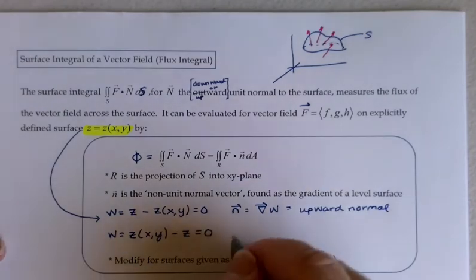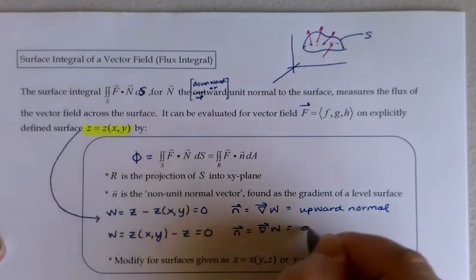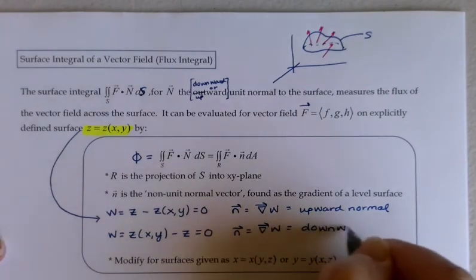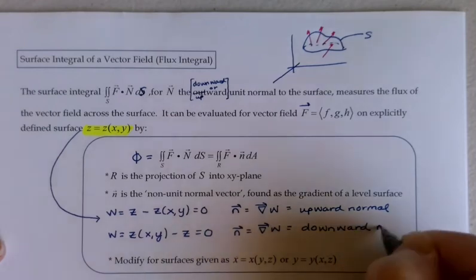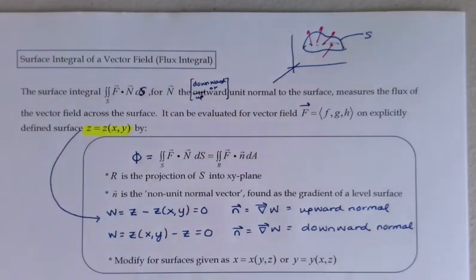And here, N, the gradient of W, will give me the downward normal. So I can just go ahead and pick whichever one I'm interested in for a particular situation. Okay. Again, these formulas are modifiable for surfaces given as x equals or y equals, but for our purposes in this class, we'll just use the ones that are defined in terms of z equals.